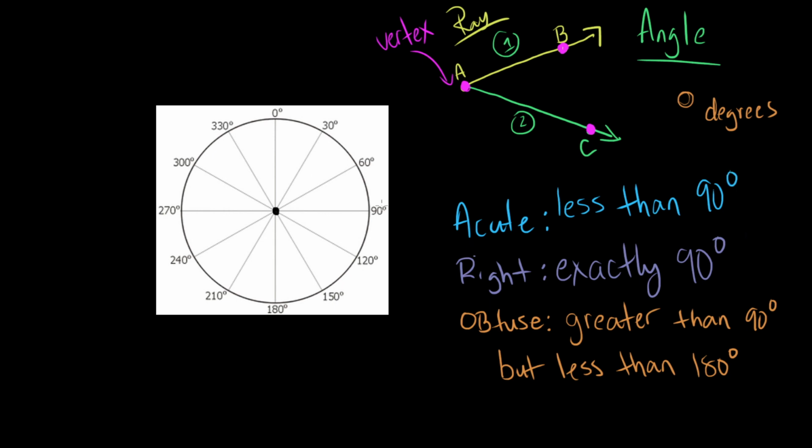The way I like to think about it, something that sticks in my head, is that it's an acute angle because it's so small and tiny. So that might look something like this. This is an acute angle because it is less than 90 degrees. This one is 60 degrees.